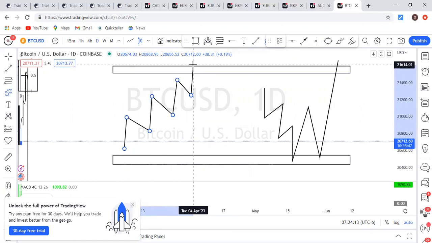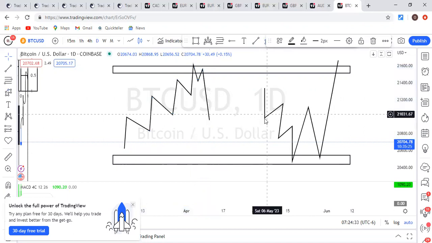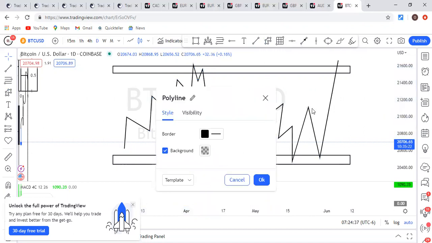I will switch to 15 minutes because that's where I get my confirmation. So assuming I've switched to 15 minutes, then price eventually breaks structure to the downside. Price eventually breaks structure.